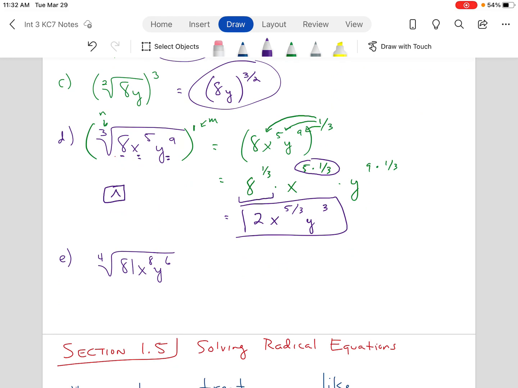I want you to go ahead and pause the video and try letter E. So I'm going to put a 1, and then I'm going to rewrite this: 81 x to the 8th, y to the 6th, to the 1/4 power, and distribute everything.